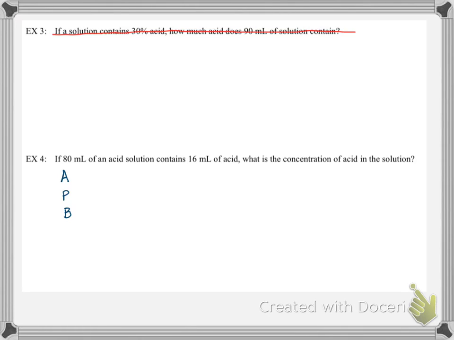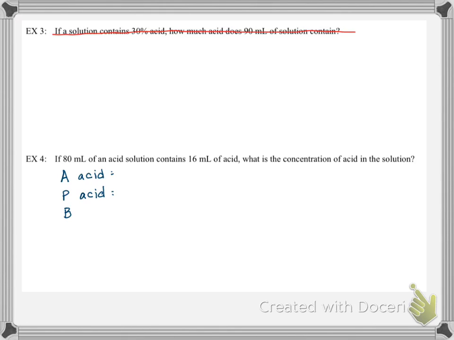The concentration of acid, good. So it's the percent of acid, which means that the amount has to represent the amount of that solution that's acid. Like if I could separate the acid from the rest of the solution, however many milliliters that would be, that's pure acid, is what my amount is. So the amount of acid.